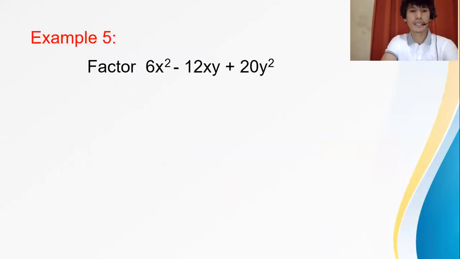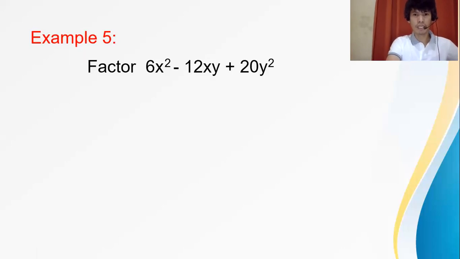Next, example number 3. Factor 6x squared minus 12xy plus 20y to the second power. This time, we have a trinomial, three terms. First, let us check if the 6, 12, and 20 have a greatest common factor.